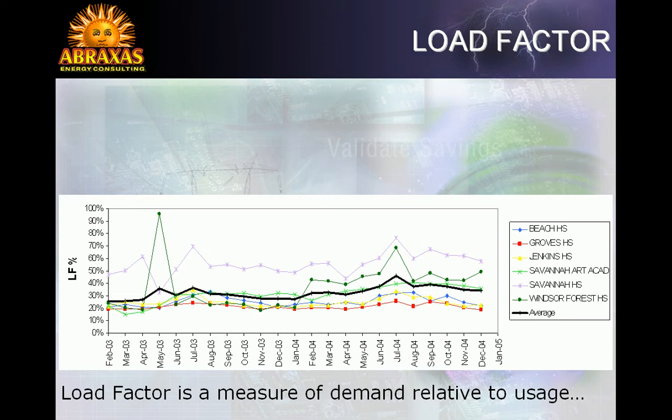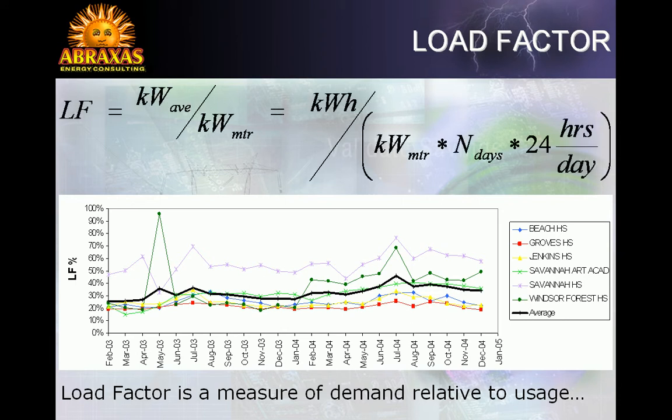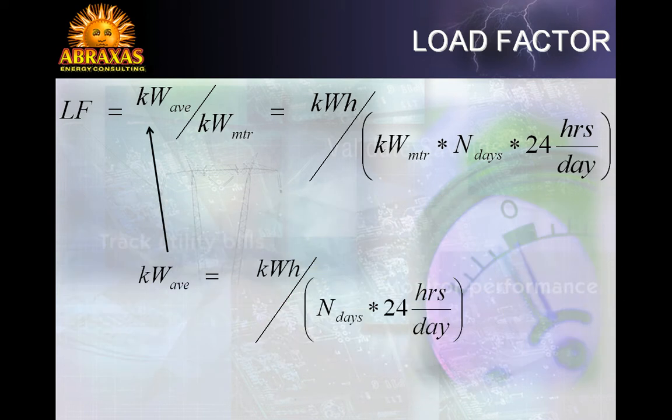Load factor is commonly calculated by billing period and is the ratio between average demand and meter demand. To get average demand, we divide total kilowatt hours by total hours in the billing period, where total hours in the billing period is the number of days in the billing period multiplied by 24 hours per day.